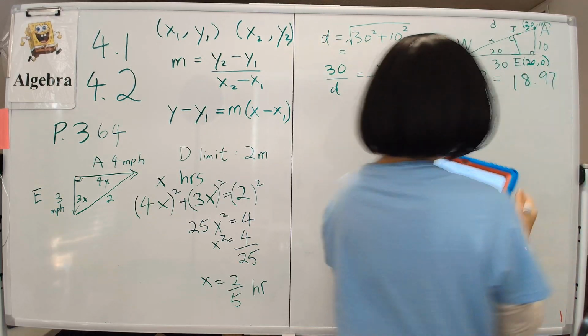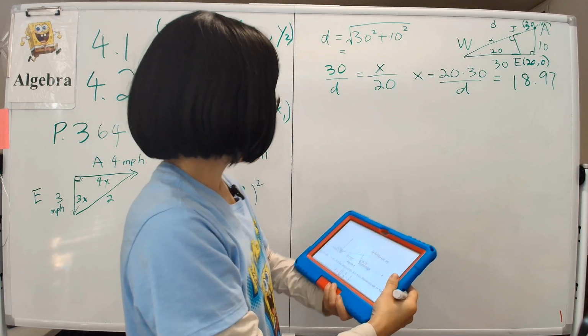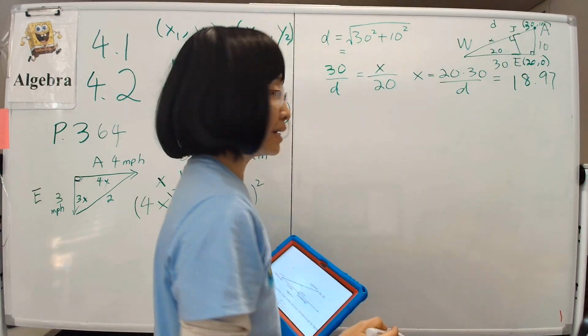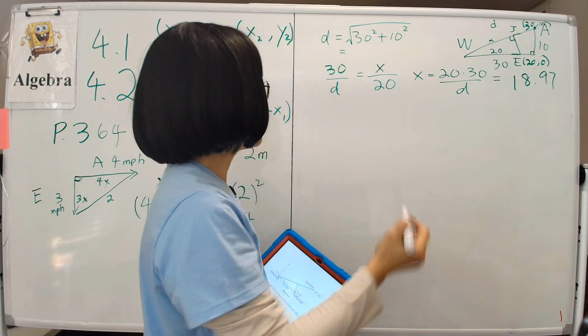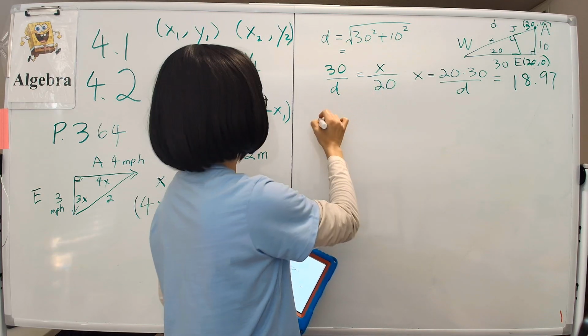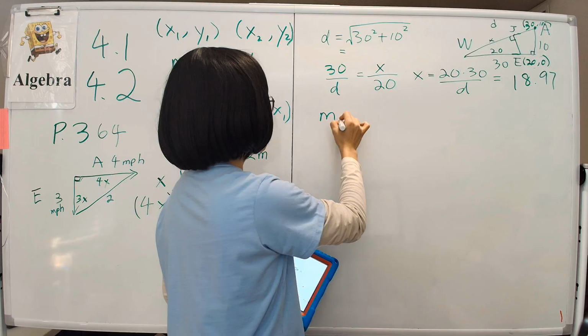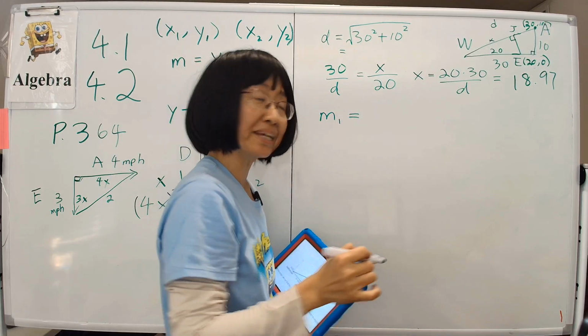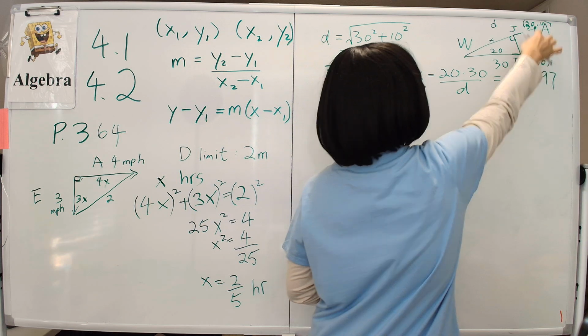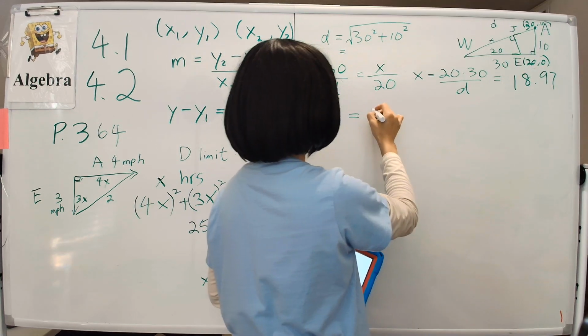All right, so first we're gonna write down the equation of this line right here. To calculate it, we first calculate its slope. For that line, we'll call it M1, because we will have another slope coming. So M1, which is 10, is rise over run, which is 10 over 30.